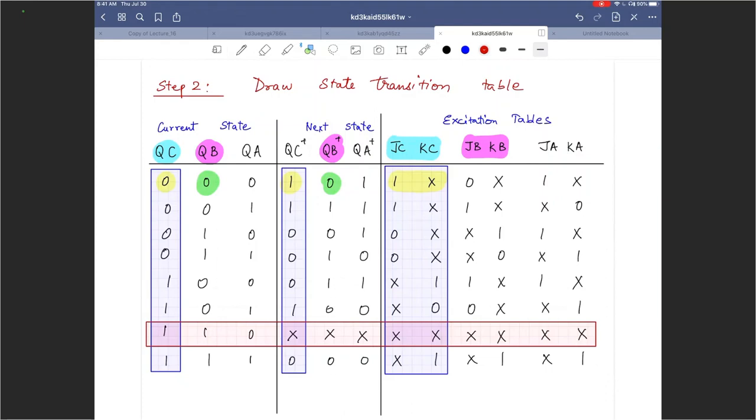But remember, when you use a don't care in a group in the K-map, it will count as 1, and if you leave it out from the group, it will count as 0. So I need to figure out how we used those specific don't cares. Did we use them in a group or not? And this is all with respect to QC+, QB+, and QA+.